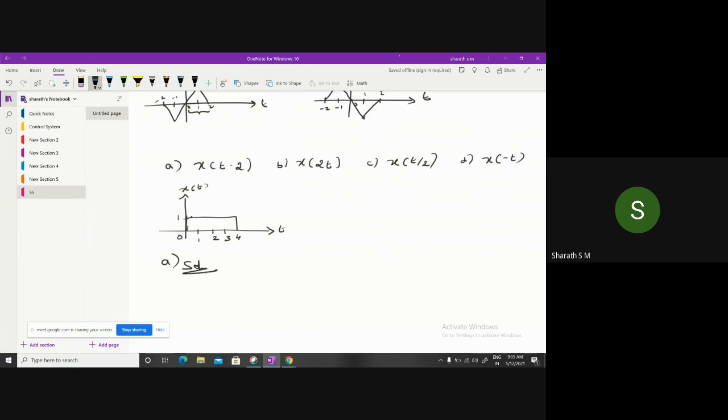From 4, it will shift to 6, and from 0, it will shift to 2. So x of t minus 2 is from 2 to 6: 2, 3, 4, 5, 6. It will maintain the amplitude level the same as 1.